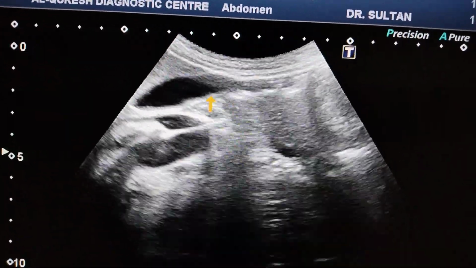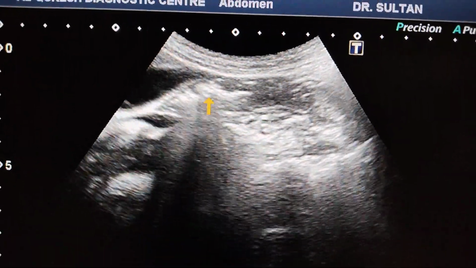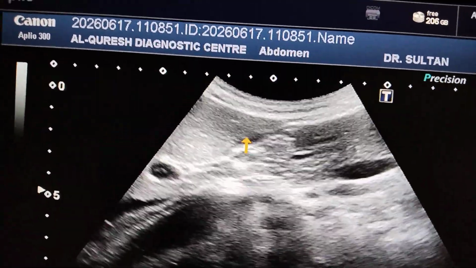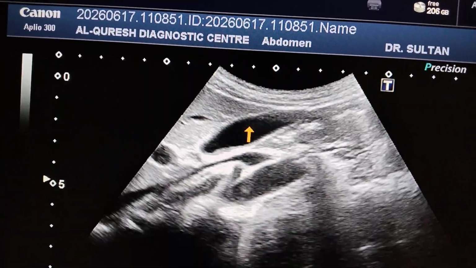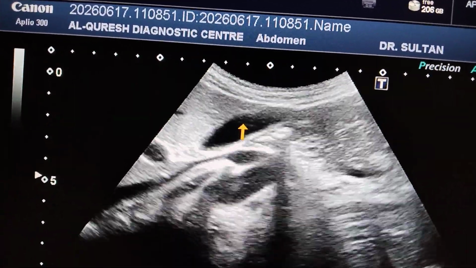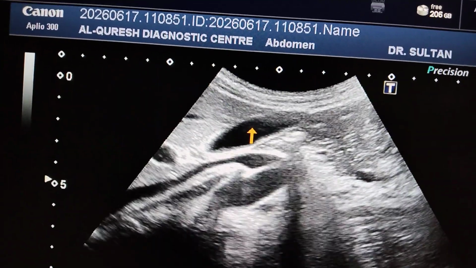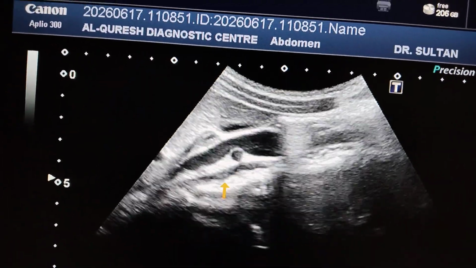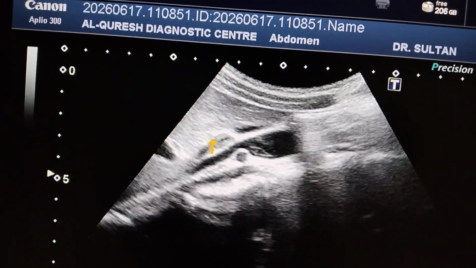And if there is a difficulty, we can ask the patient to take a deep breath and hold it. Then it will be easier for the sonographer to get better visualization. This is where we can appreciate the neck.